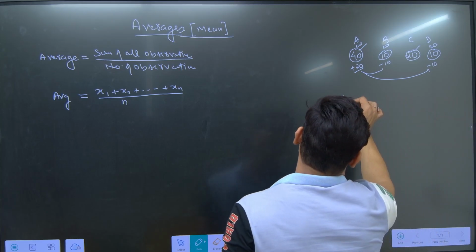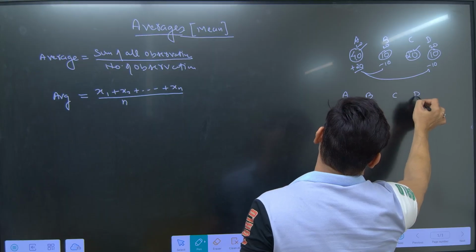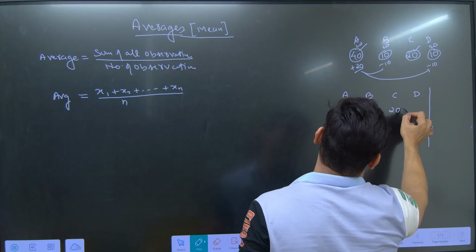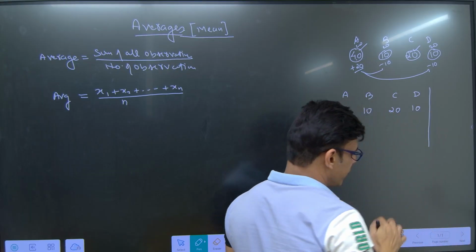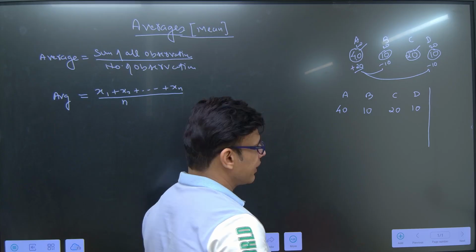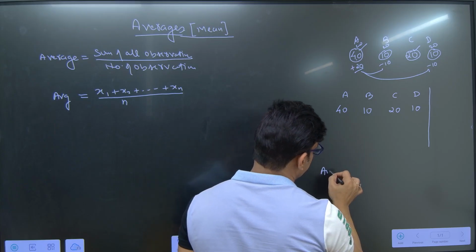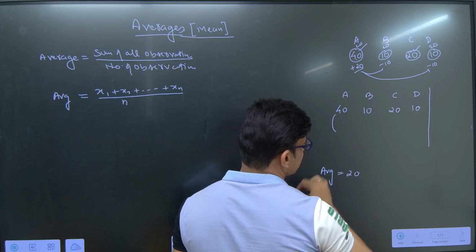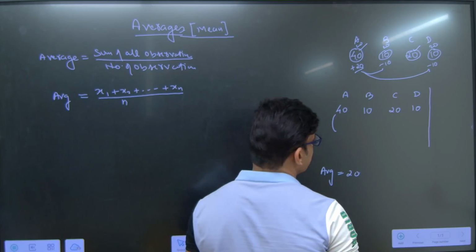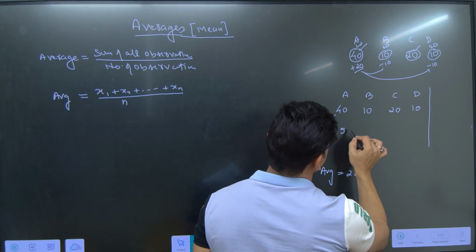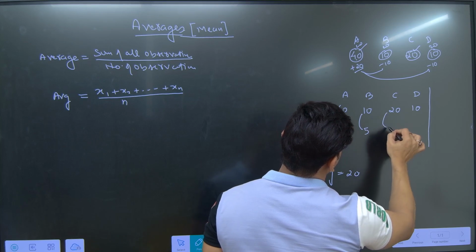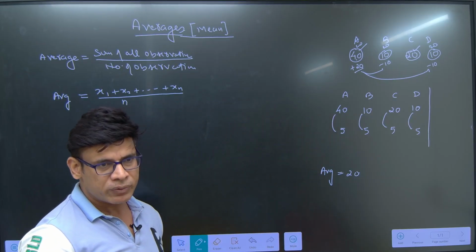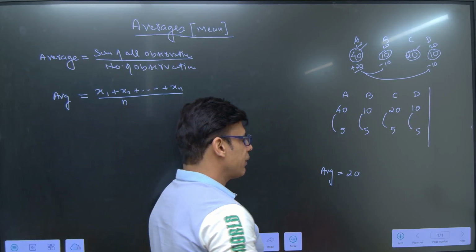So if there are, let's say, A, B, C and D, four brothers, with 40 chocolates, 10 chocolates, 20 chocolates and 10 chocolates, we know that their average is 20, right? Now, if I increase the number of chocolates by, let's say, 5, give 5 to him, give 5 to him and give 5 to him, an extra 5 to each of them, what will happen to the average?